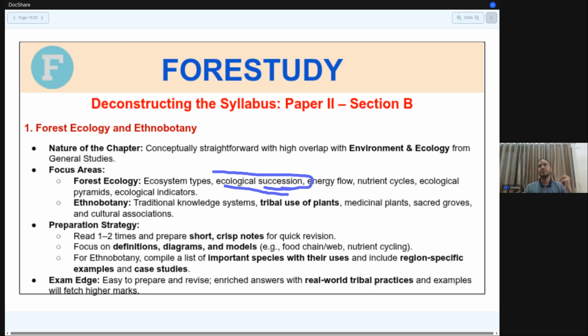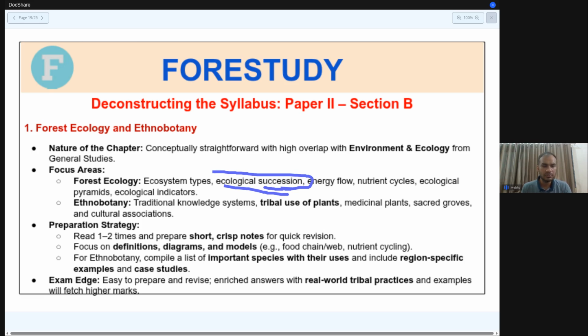There might also be questions like forest management: what are the considerations that one has to take while doing forest management? Ecological succession can be quoted as one of the parameters. Then ecological pyramids, ecological indicators. These are topics you are already aware of.